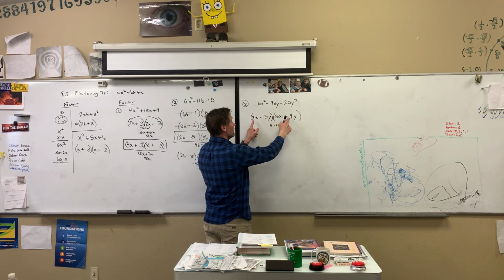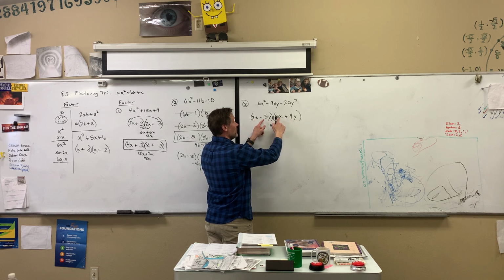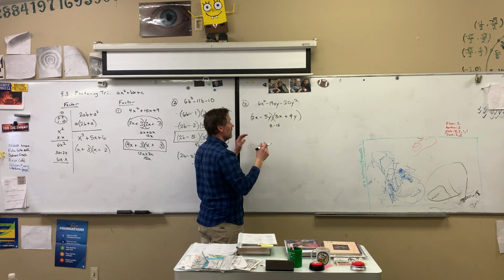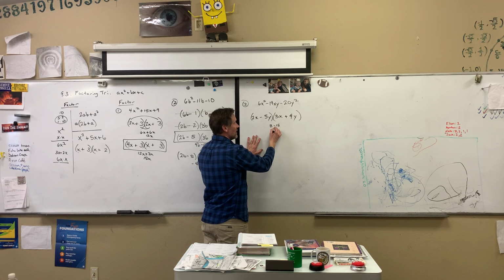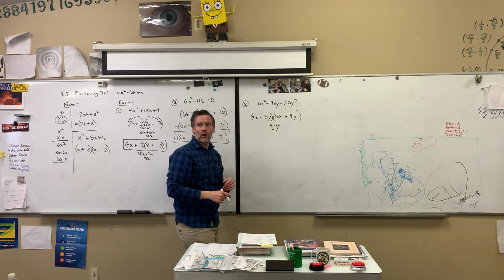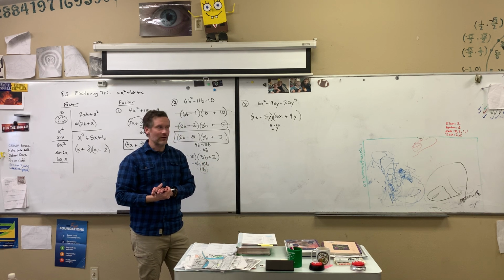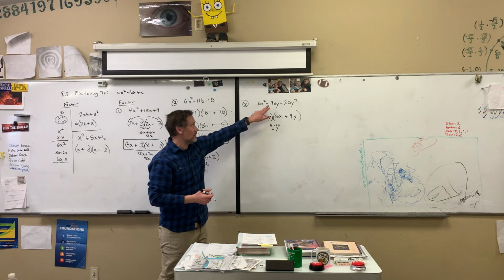And yes, it is 8xy minus 15xy. So we do have the xy's connected in there. What's 8 minus 15? Negative 7. We can quickly know that 8 minus 15 is not going to get us to negative 19, right? So you don't even have to bother doing the math out. You just know that 8 minus 15 does not get you to negative 19.